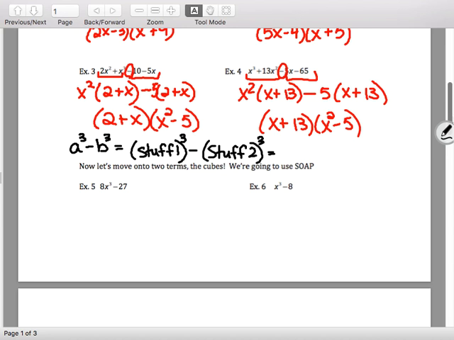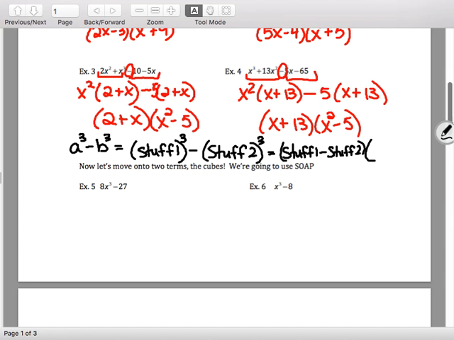So if I have something cubed minus something else cubed, we're going to call it stuff 1 and stuff 2. Maybe we should call it thing 1 and thing 2. Whatever floats your boat. The formula is stuff 1 minus stuff 2.